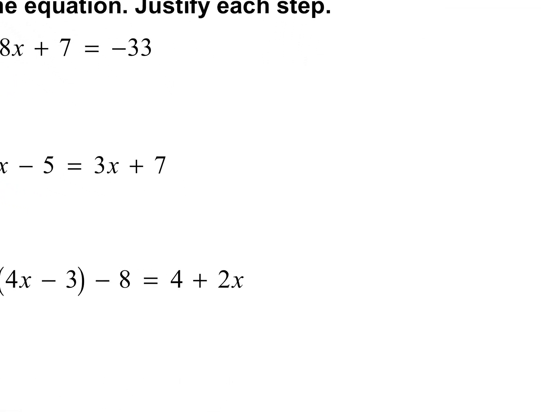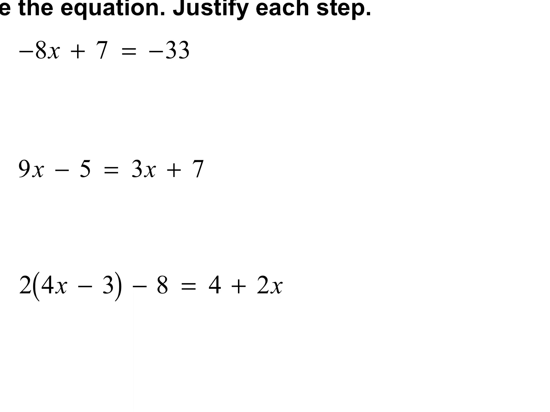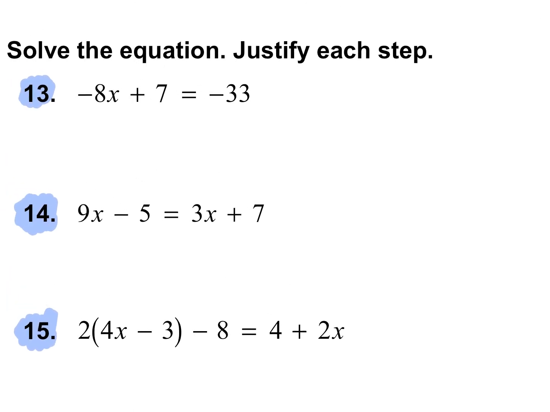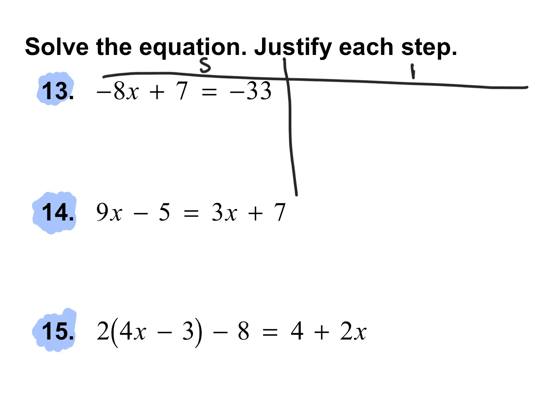Justify each step. So I need to solve my equations. So I'm going to go ahead and do my T-chart, my statements, and my reasons. What's my first one? Given always. And then I'm going to go ahead and solve it. What should I do first? Subtract what? 7 on both sides.